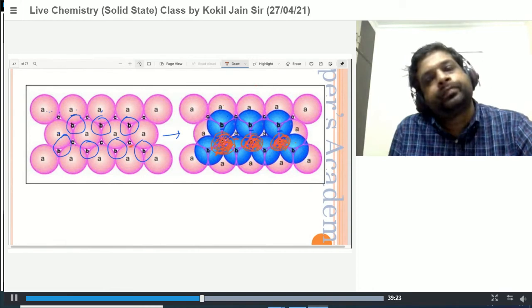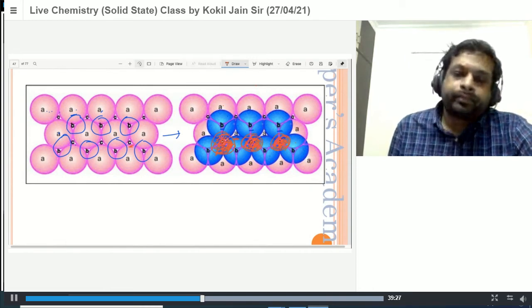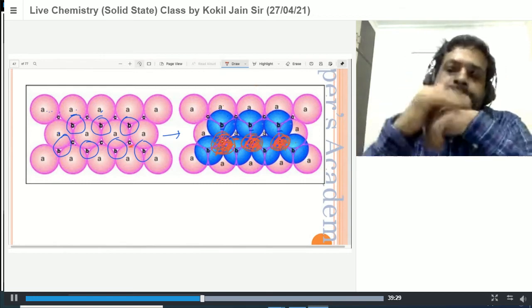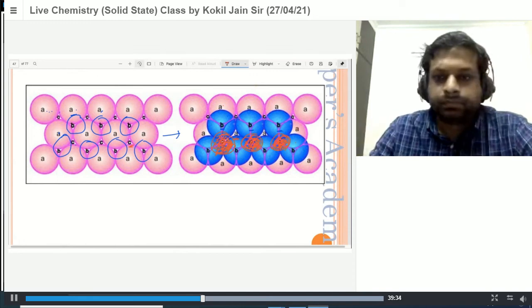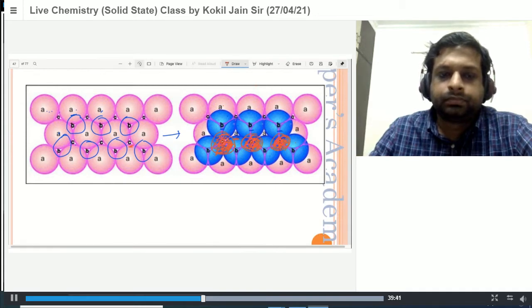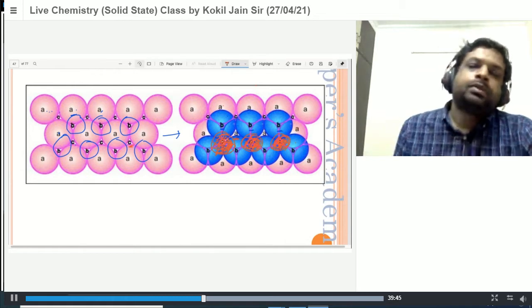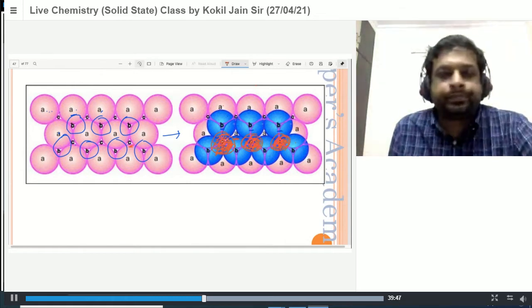First is this C type of void space. You can see in this void space, the reverse triangle you are seeing here. So this void space is pointing upward, and this B type of void space is actually pointing downwards. This is what we are seeing.